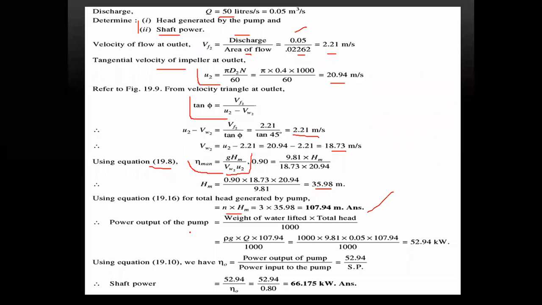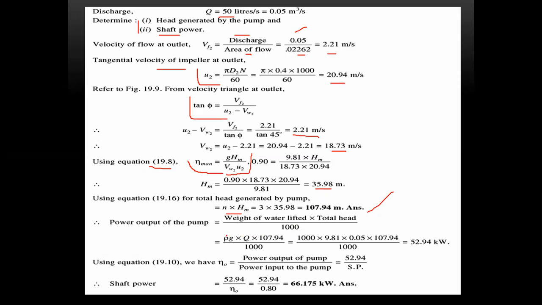Then what is the power output of the pump? Weight of the water lifted into total head by 1000. Weight of the water is rho into g, right? Rho into g into Q. Total head is 107 divided by 1000. What is the rho here?